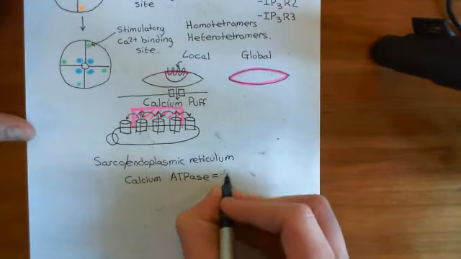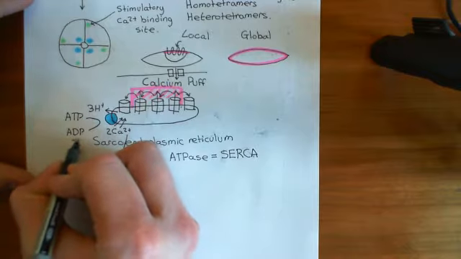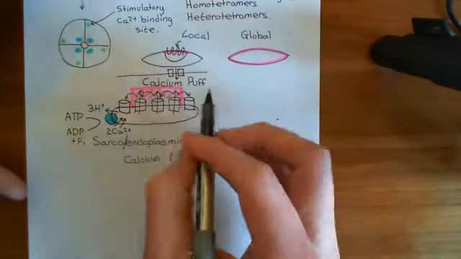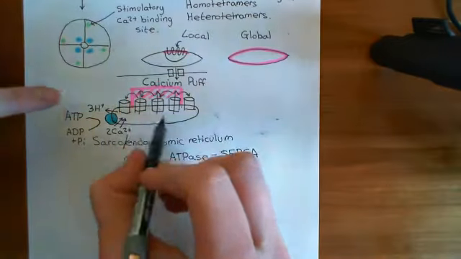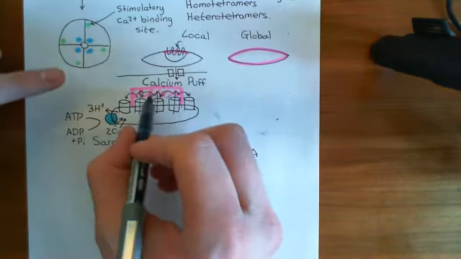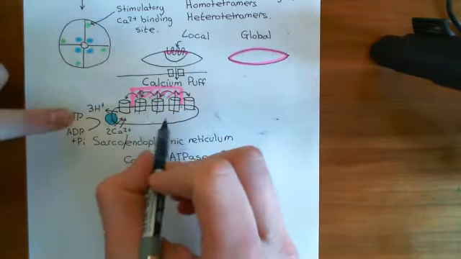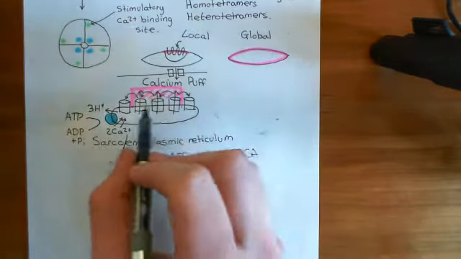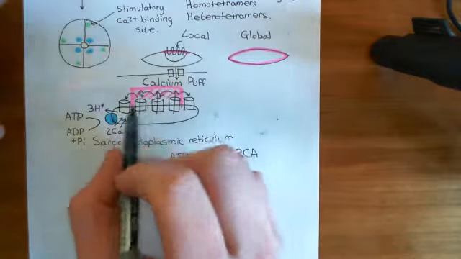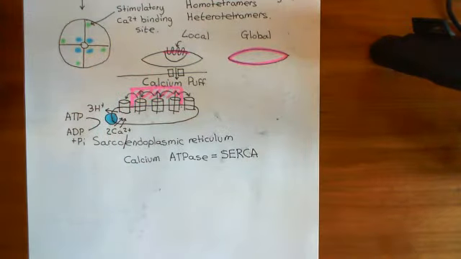Okay, and it's an active transport process, so every time it does that, it's going to hydrolyze a molecule of adenosine triphosphate to adenosine diphosphate and inorganic phosphate. Okay, so basically you'll have these SERCA pumps all over the ER membrane, and they will be returning the calcium from the cytoplasm back into the ER, and that will end the signal. Okay, so that's how we terminate this calcium puff, basically.